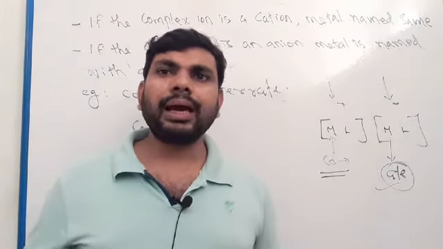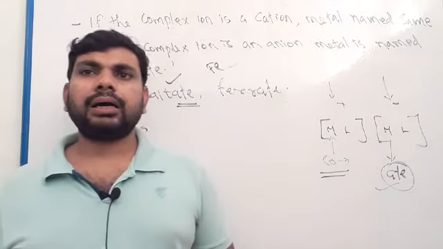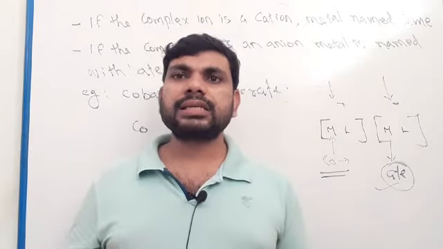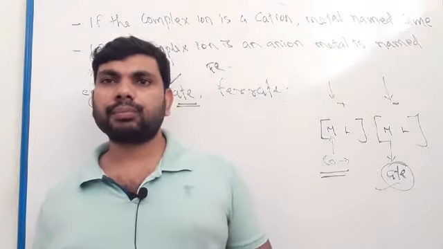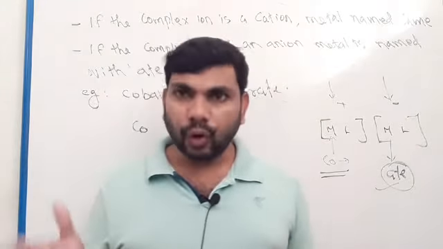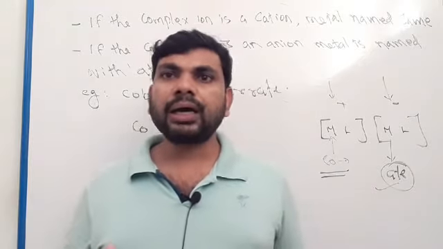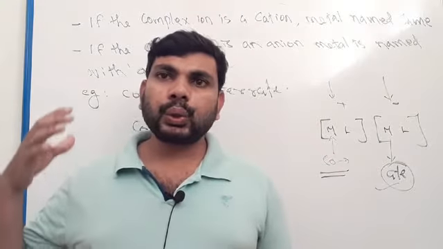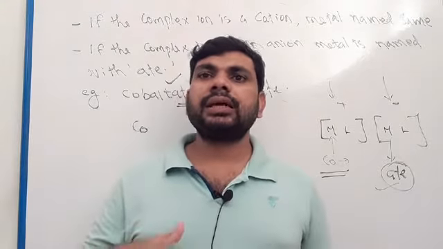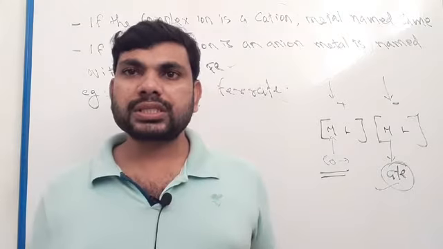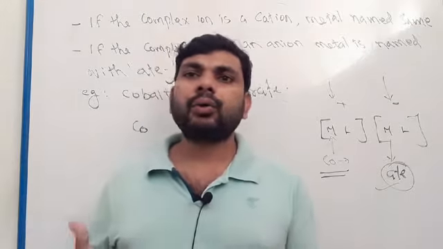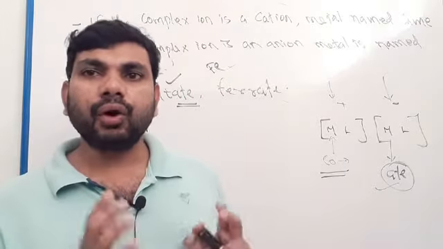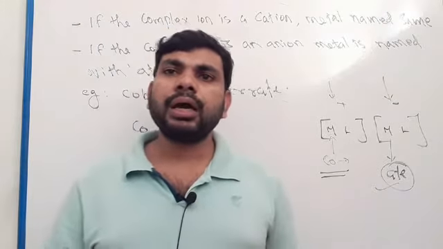Next we have to discuss here. I will give you some names of ligands and we will discuss how to write their formula. And we have some formulas, from the formula we have to write their name. So till now we discussed rules to name coordination complexes or rules to write the formula of coordination compounds.